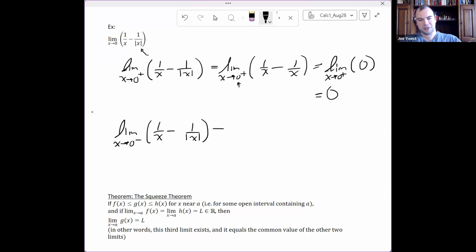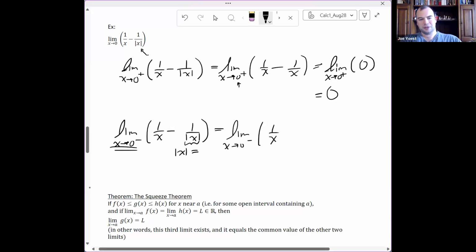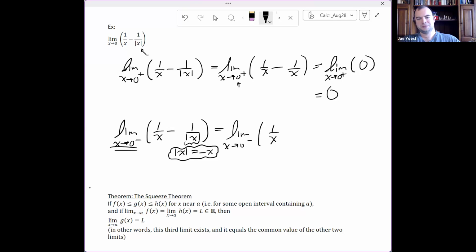So when we're plugging in only strictly negative numbers, absolute value of x equals negative x. How do I make a negative number positive? I take its negative. So now I have a minus 1 over negative x, or a plus 1 over x.